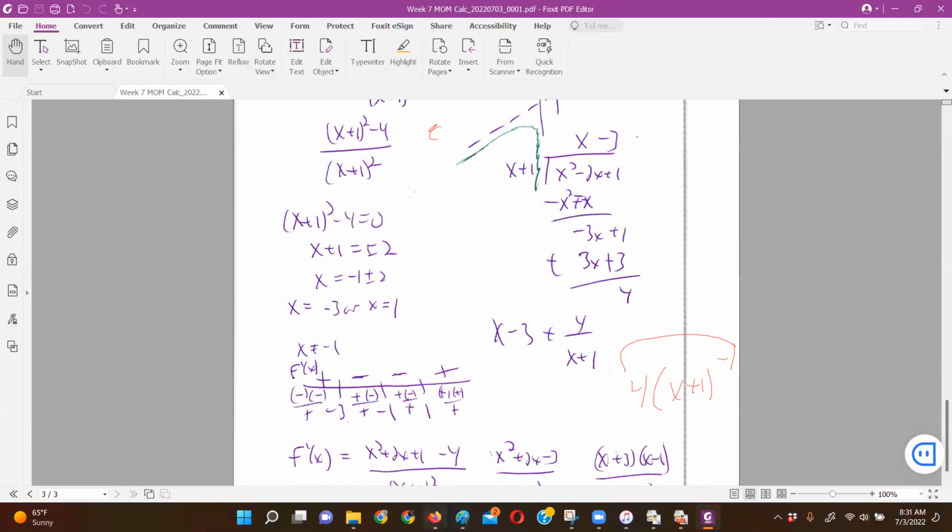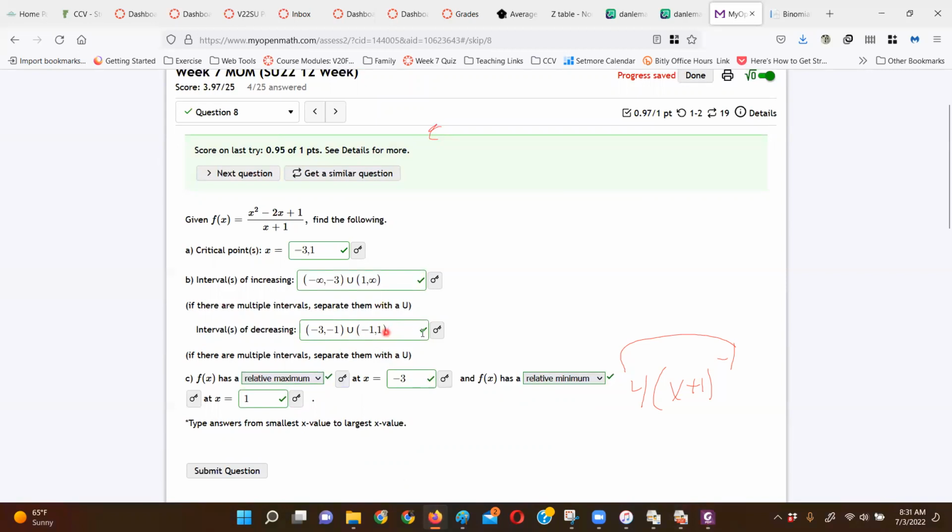Let's go back and test my OpenMath and see what they said the answer was. Yeah, see, they made the distinction that it's got to jump over negative 1. So I think that whoever wrote this problem messed up a little bit. Okay.